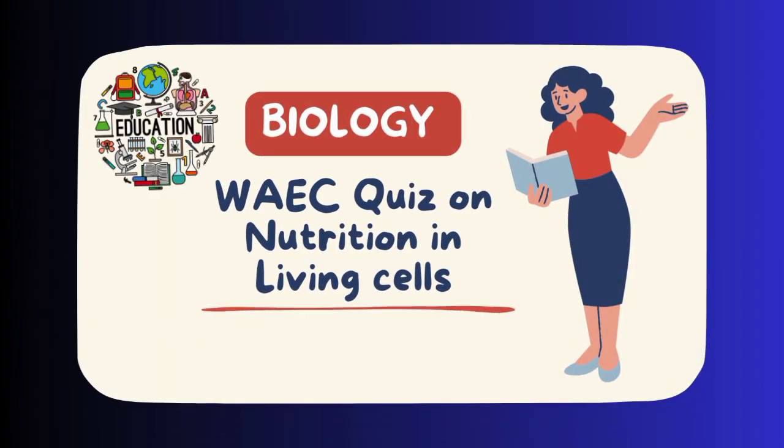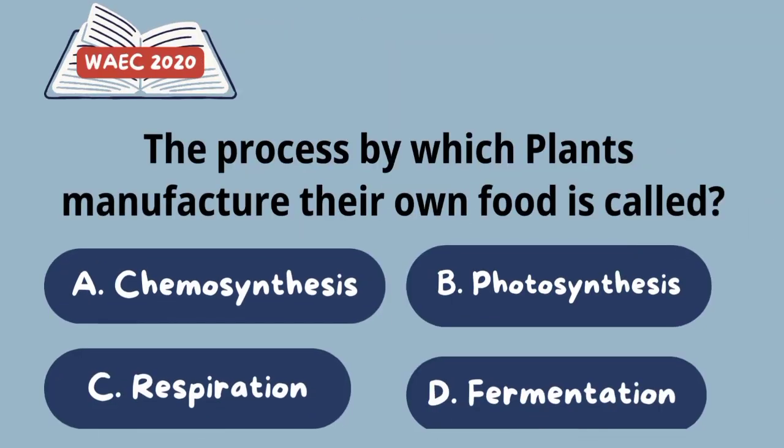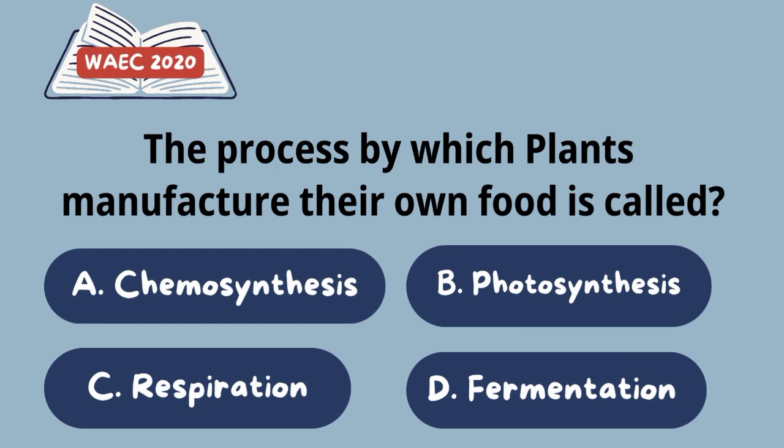Now let's review what we have learned so far by attempting WAEC questions on the concept. WAEC 2020. The process by which plants manufacture their own food is called A. Chemosynthesis, B. Photosynthesis, C. Respiration, and D. Fermentation.